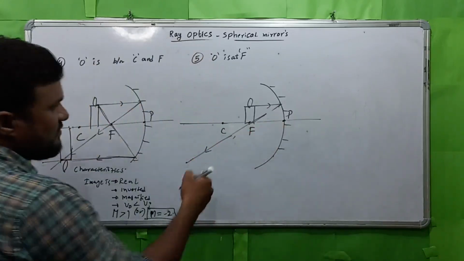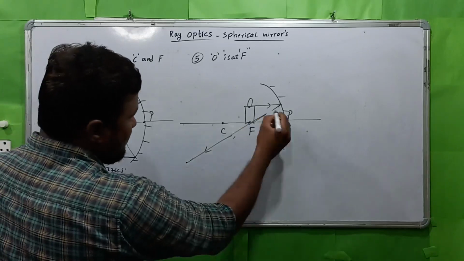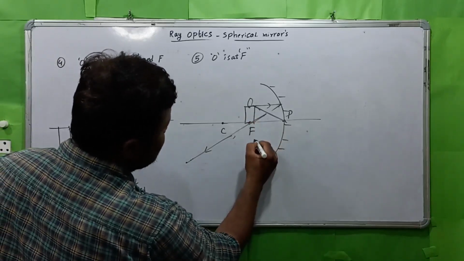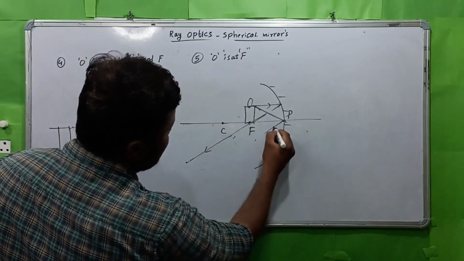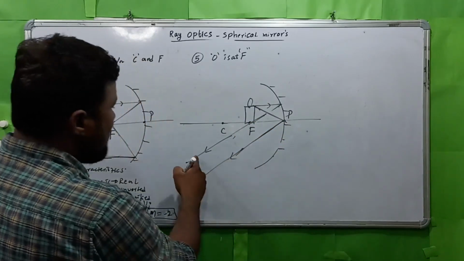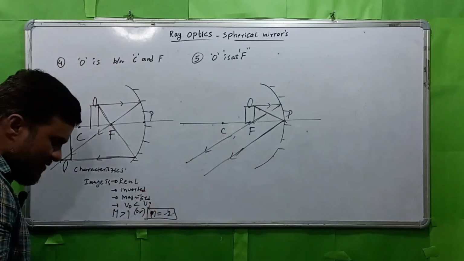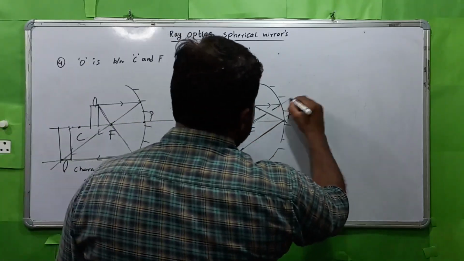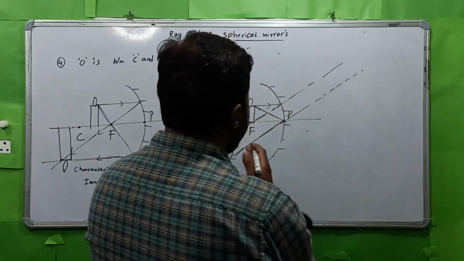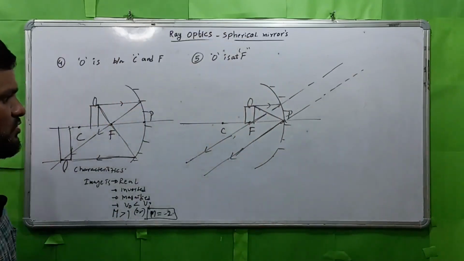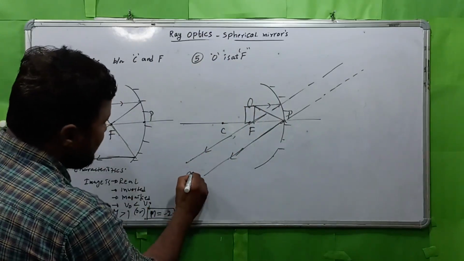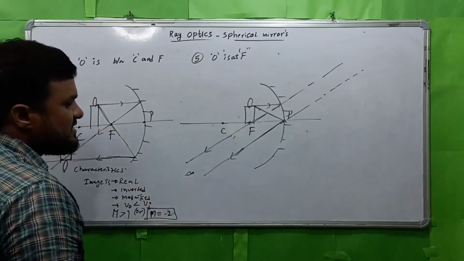I draw the first ray. If any light ray is incident at the pole, it is reflected symmetrically back in the opposite direction. So this is the second one. If you observe, these two rays are moving parallel. I try to extend this backward, but I do not get any intersecting point, so these two rays are moving to infinity distance.